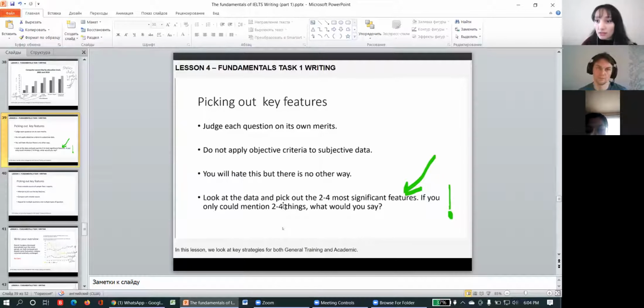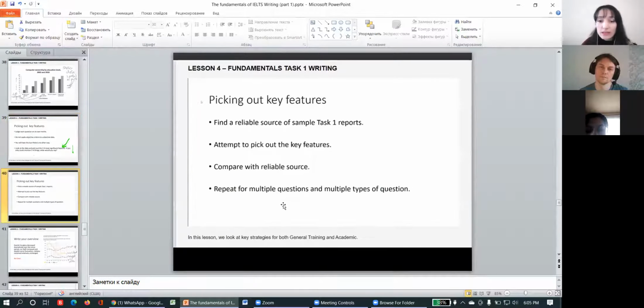Okay, so the same here. If you could see and speak about 2 to 4 things about this chart or bar chart or pie chart or whatever, what would you say about it? Okay, try to think about what you see and what you can say about it. Not everything you should say, but there are main features you have to mention from 2 to 4.